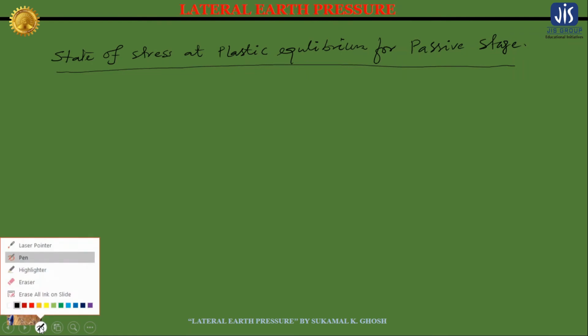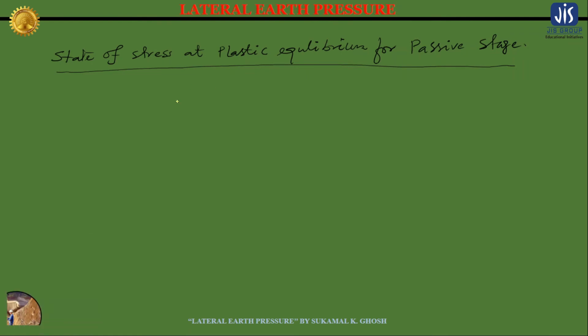So in plastic equilibrium stage, what is the soil element? This is sigma V, also sigma V, and this is sigma H3, which is equal to the passive earth pressure, right.